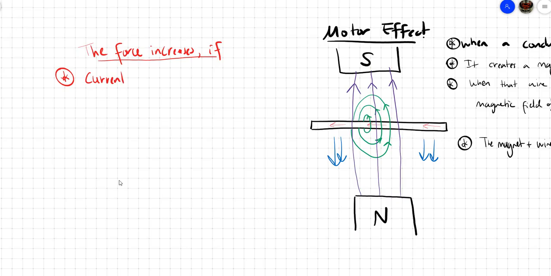So if we increase the current, therefore the force increases.